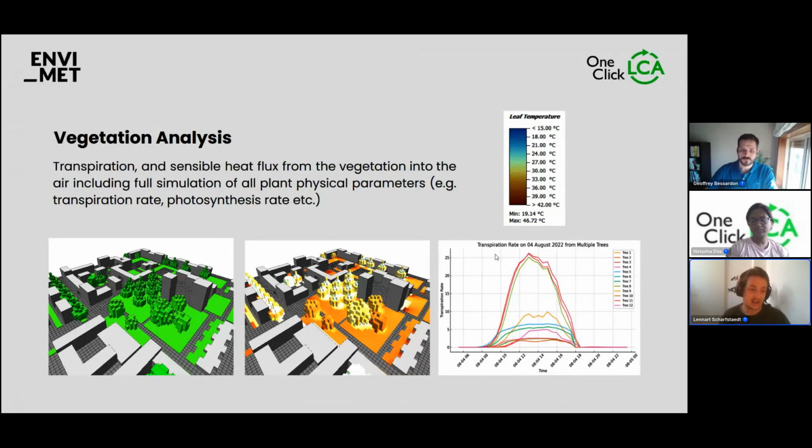The plant is performing transpiration and is also then reacting, for example, if it cannot take up enough water to cool its foliage. We can have a look at transpiration rates of the trees. We can actually see how trees feel under certain conditions, and basically this shows how detailed we try to be in the end with this model. And this is one point why ENVI-met stands out to competitive software.